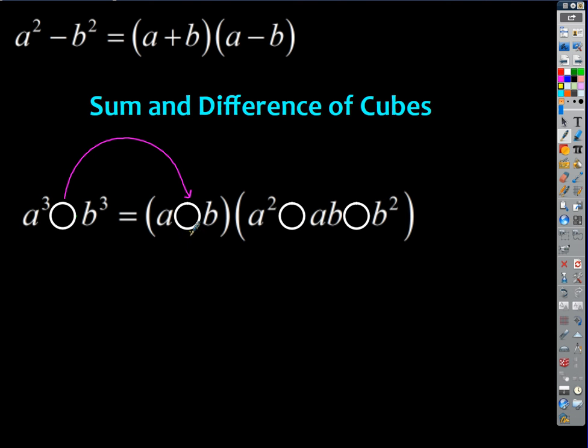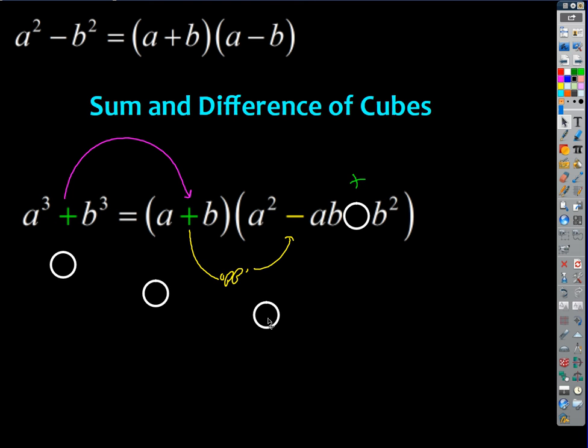From there, whatever this one is, that one's going to be the opposite. And the last one is always the same: plus. Always plus every time. So, for example, if this is a plus sign, that's a plus sign, and that's a minus sign.